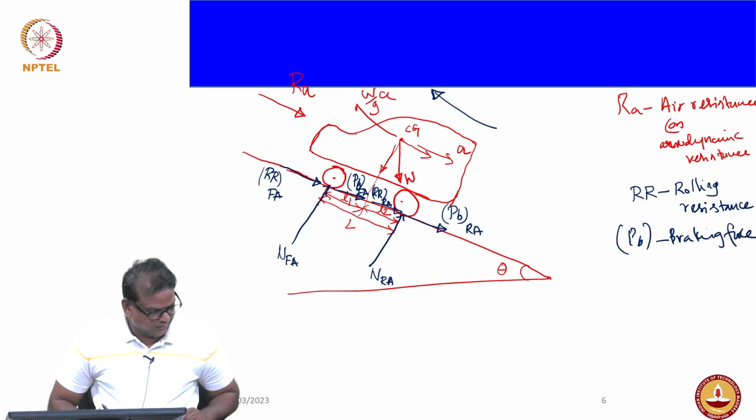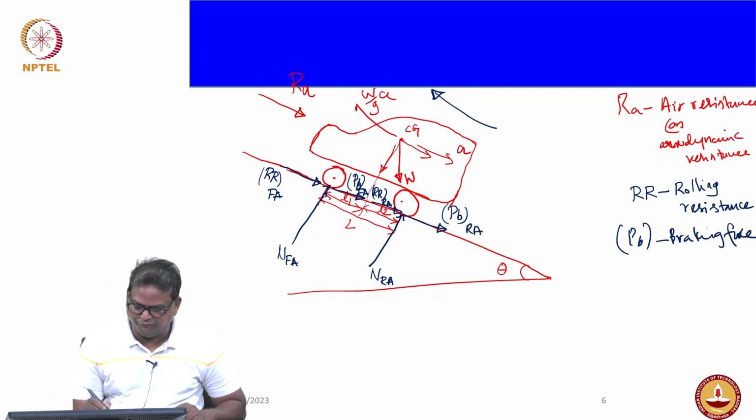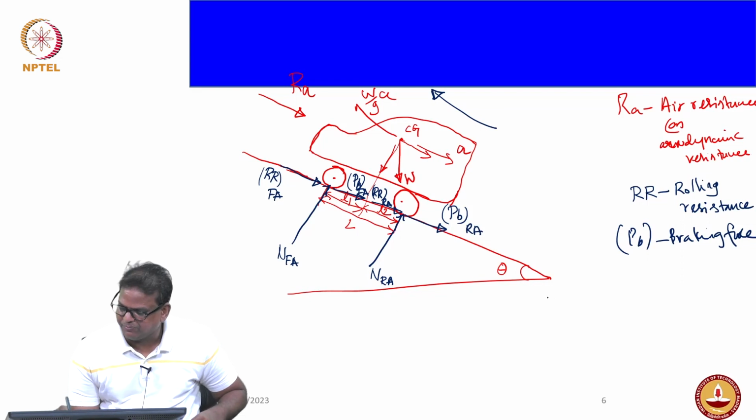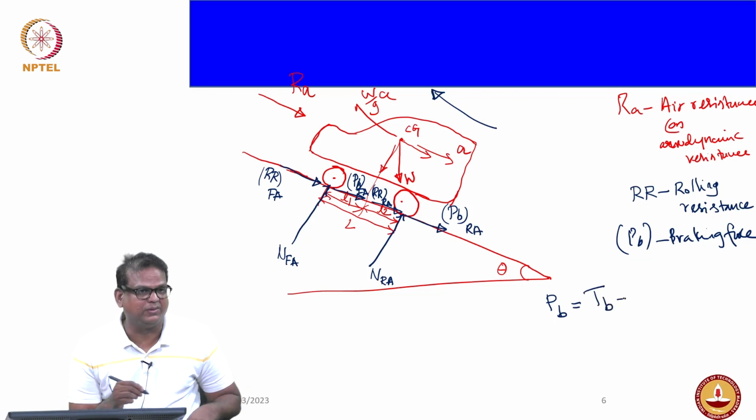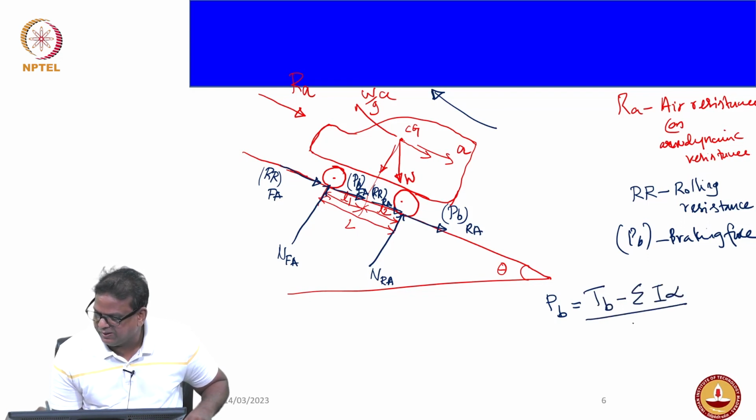Anything else did we miss? I think we covered it. Generally, the braking force PB is your braking torque minus the summation of I alpha by RW.